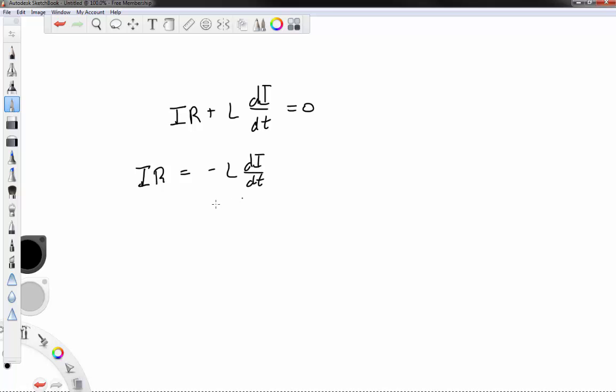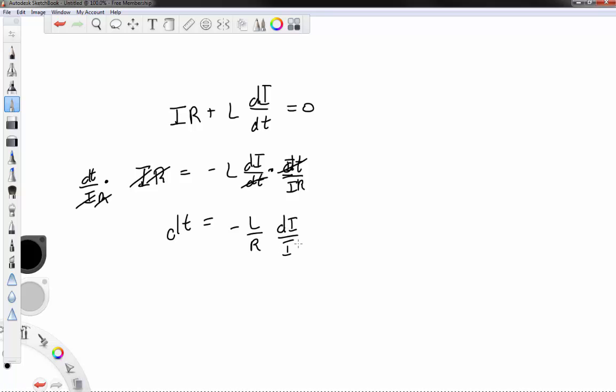So we multiply both sides by dt over I. So you can cancel the dt's here, you can cancel the I's here. And while we're at it, we can also divide by R on both sides. So the R's go away here. You get dt is equal to negative L over R times di over I.